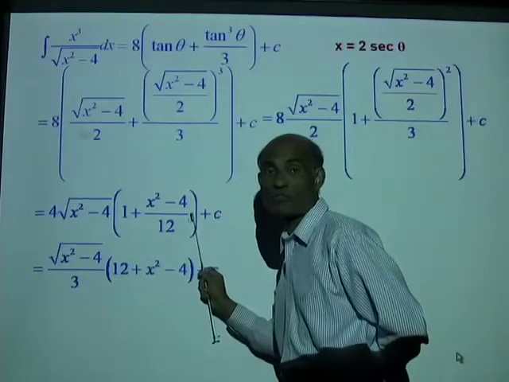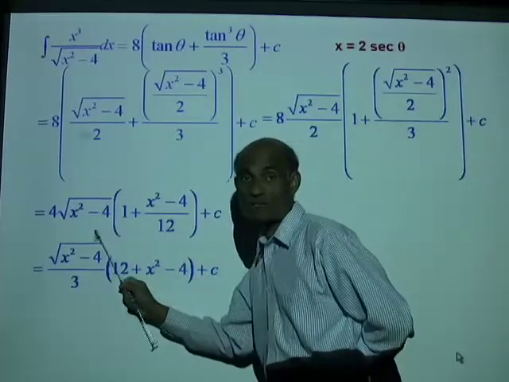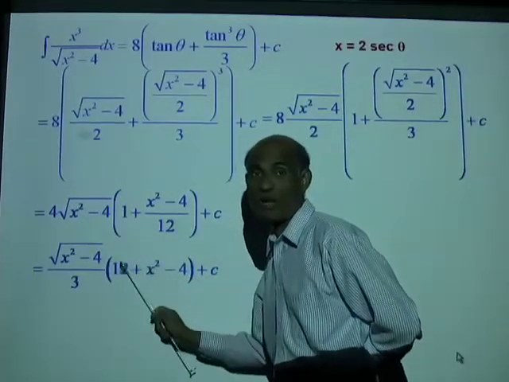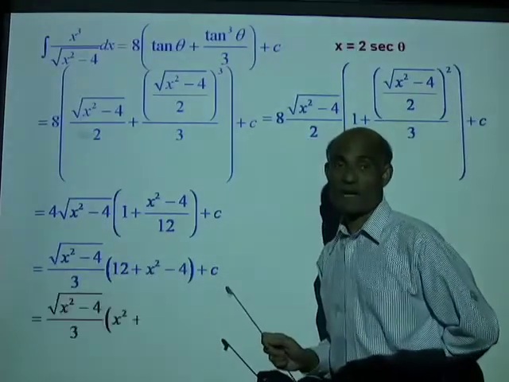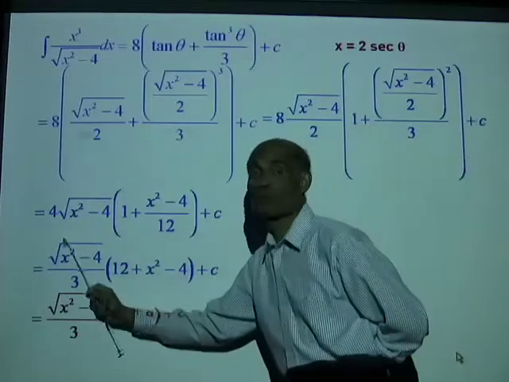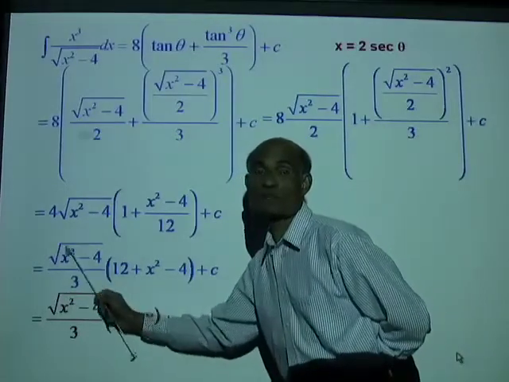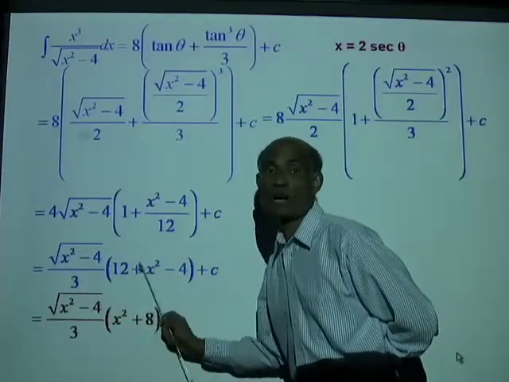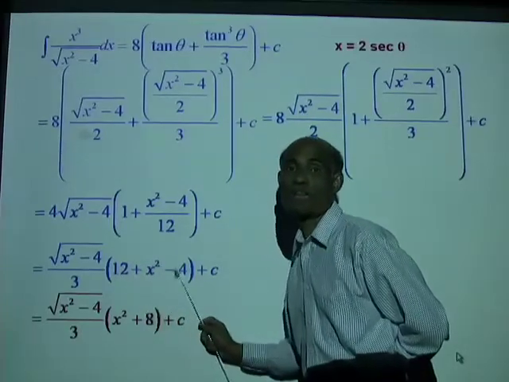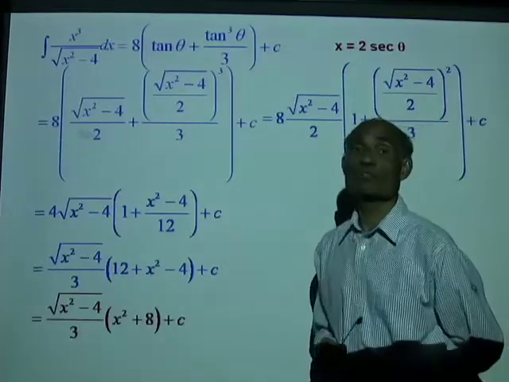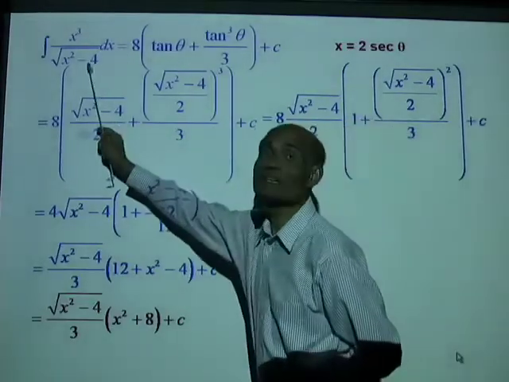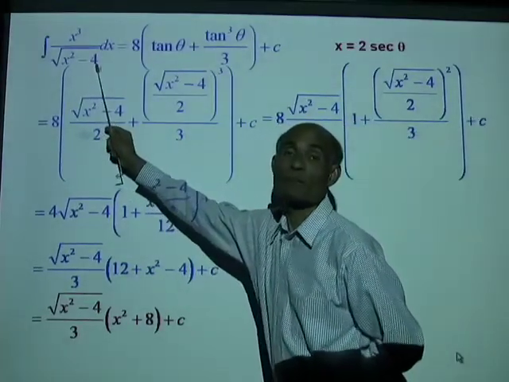And inside the parenthesis now, the 12 has actually come out. So it will be 12 plus x squared minus 4. And one more step. And that will be square root x squared minus 4 over 3 times x squared plus 8. 12 minus 4 is 8. And that is the result of integrating this quantity.